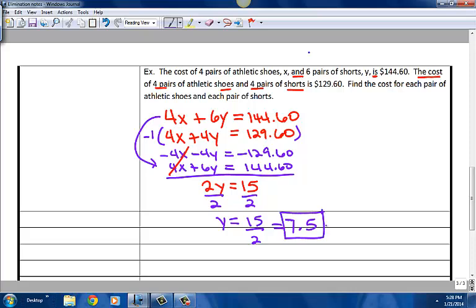There's my y value, or shorts in this case, right? Let's come back up here and plug it in right there. See what we get. So it's the first equation, and I simply took out the y and plugged in the 7.5 in its place.